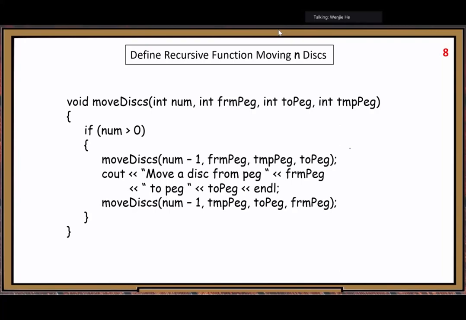Because the gain is huge. The gain is we can solve a pretty hard problem with such very short code, just a few lines. You can solve such a hard problem.